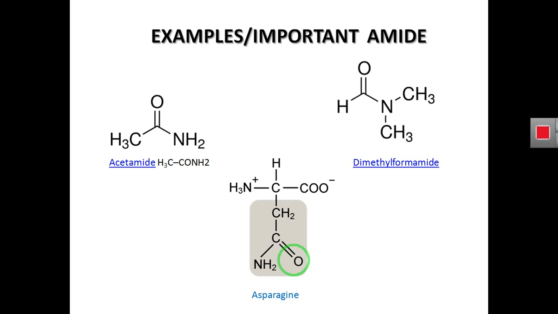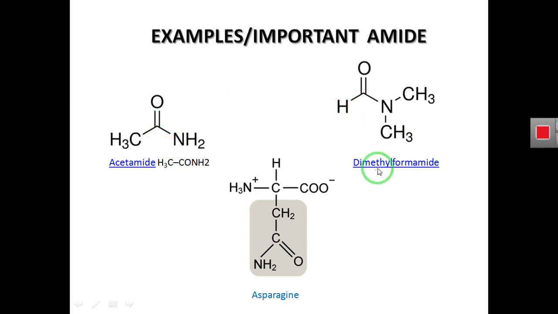So now we are going to see what are the important examples of amide and how they look. Acetamide, we also say this molecule as ethanamide. This acetamide, we can see here, has a methyl group, an amine group, and a C double bond O group.